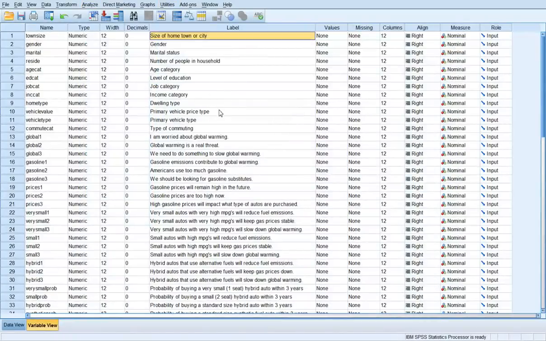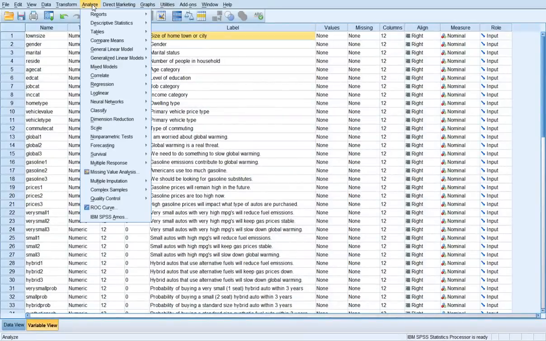So the A concepts data file is already prepped. It's entered into SPSS along with the labels of the variables for easy reading. And let's test some hypotheses. We tested several hypotheses in Excel Data Analyst and during the practice, and I'm going to repeat pretty much the same hypothesis tests in SPSS.